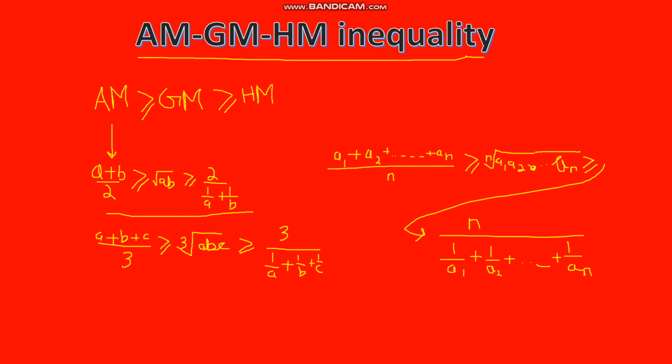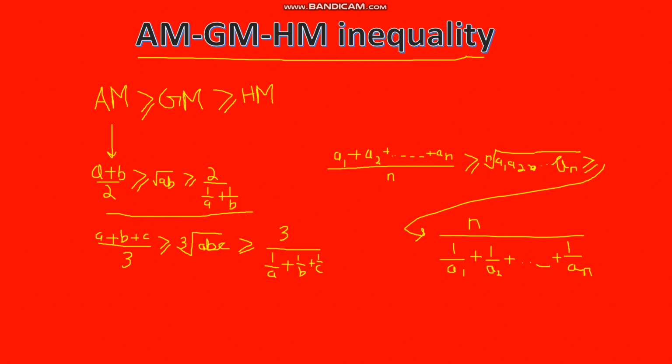We can solve 90% of all inequality questions with this. Some inequalities like Titu's lemma, Cauchy-Schwarz inequality and Jensen's inequality are easier methods to solve, but with AM-GM-HM we can already solve most of the questions.